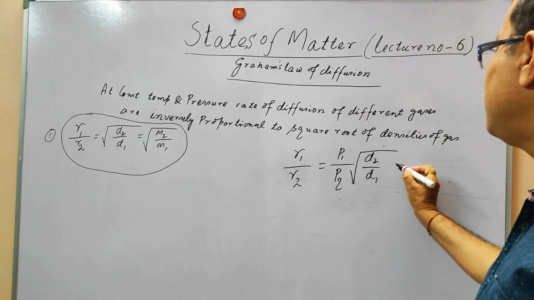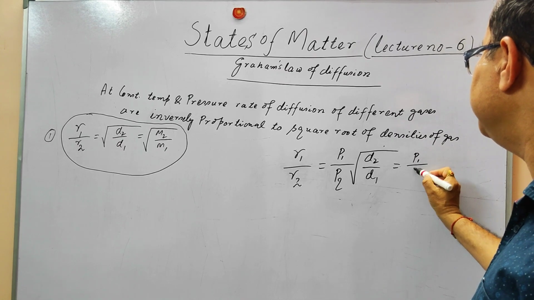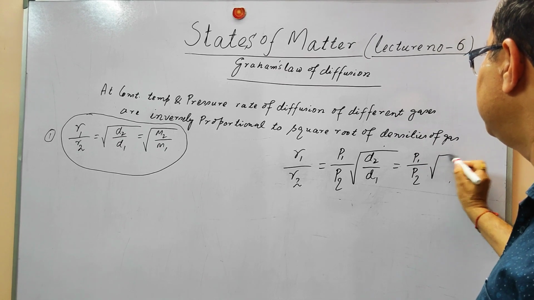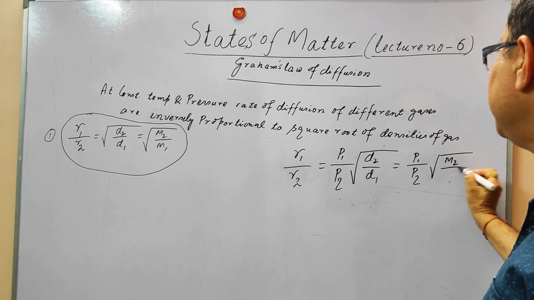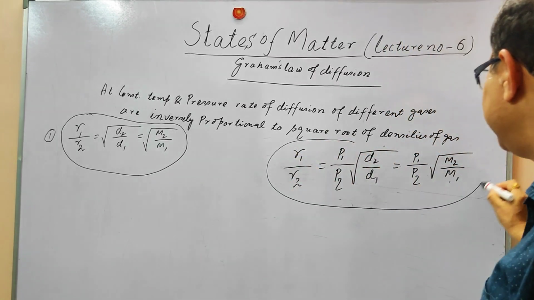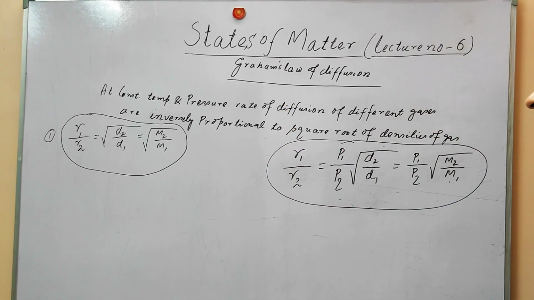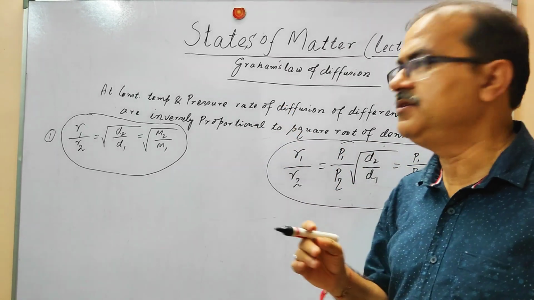Again we can write that as P1 by P2 into M2 by M1. So this is the second relation, where the temperature is constant and pressure is changing.